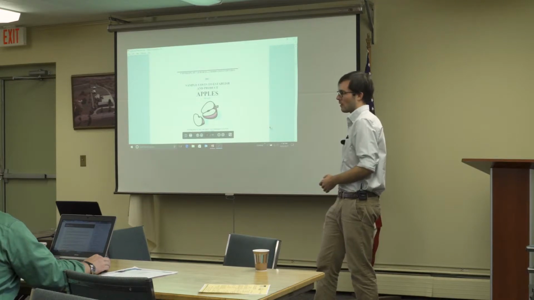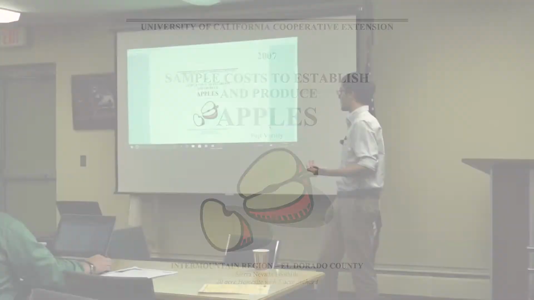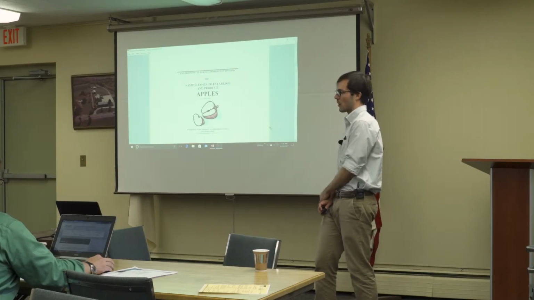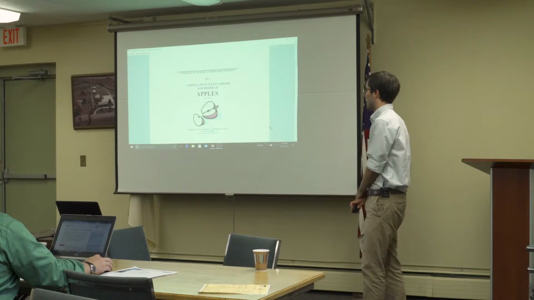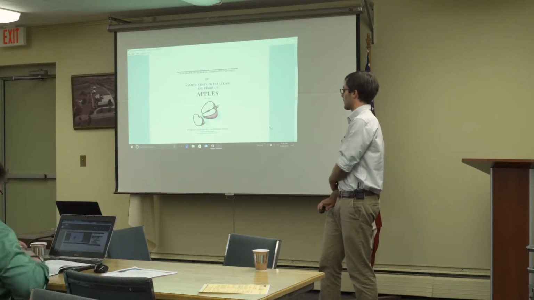So I am particularly partial to the cost and return studies put out by the University of California Extension system. I did my graduate school at UC Davis, but they also happen to be the most complete and longest time series of cost and return studies available in the country.